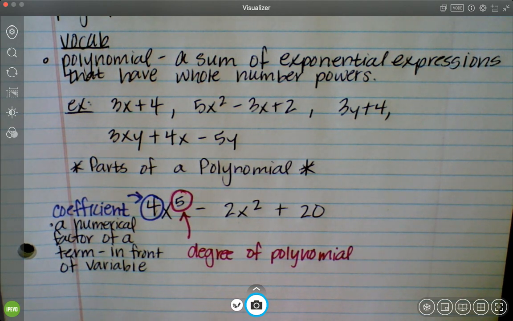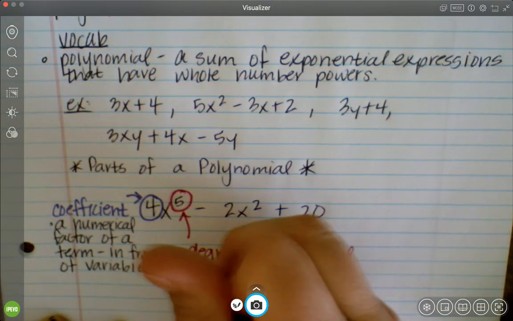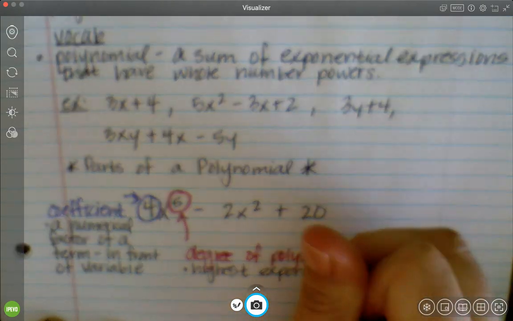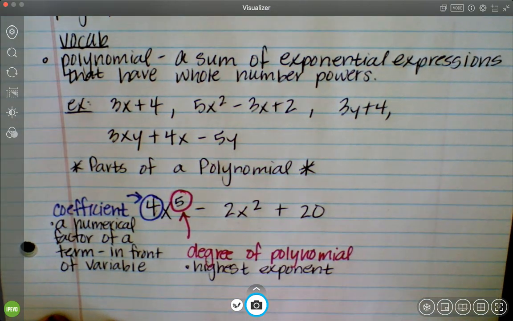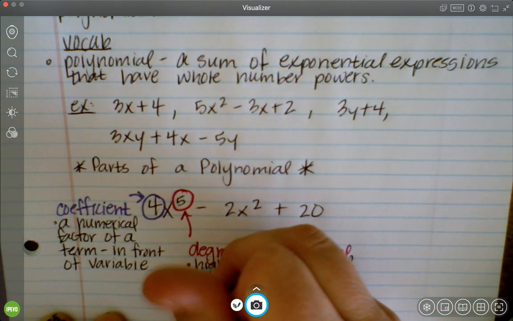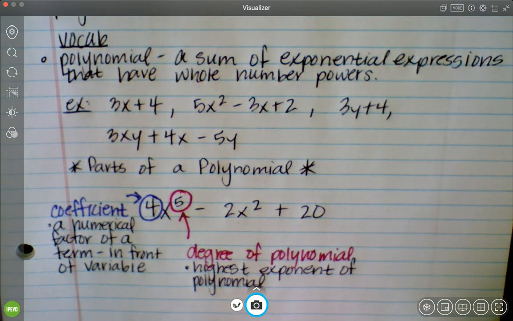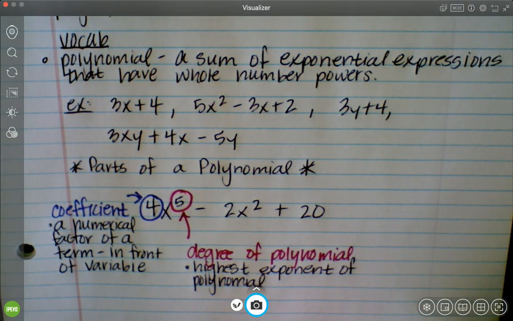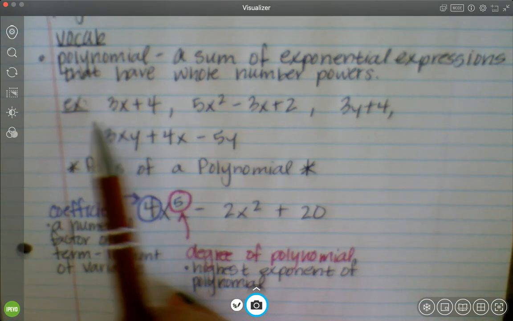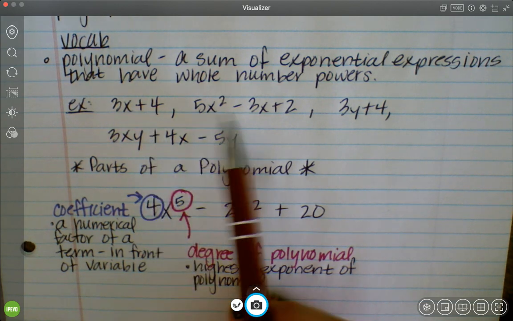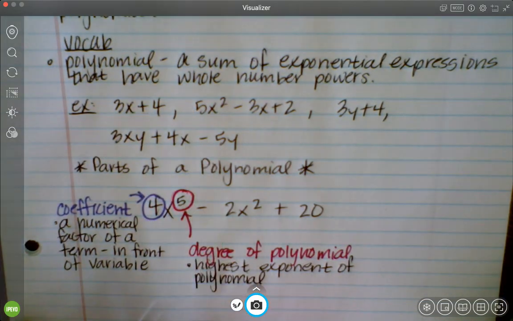And the degree of the polynomial is the highest exponent of the polynomial. So it doesn't matter how many terms you have, it doesn't matter what the exponents are in the other terms, the degree is always the highest degree of the polynomial. So if we were to look up to the ones we used as the example here, this x is to the first power, so this is a first degree. This x is to the second power, so this would be a second degree.